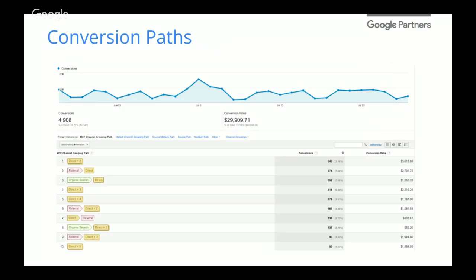This is very useful, once again, if you do run a lot of different types of advertising on all sides of the funnel: awareness with display, in the consideration phase you're running remarketing, and then obviously in the intent phase you're running search ads. You'll usually see a decent mix of conversion paths, and you can see what's working and what isn't working and make smart decisions based on that.